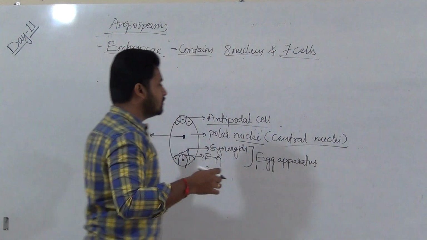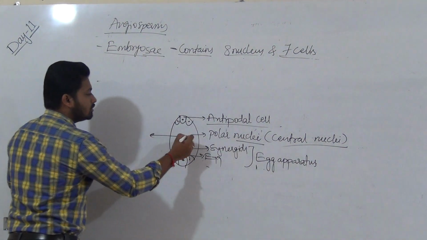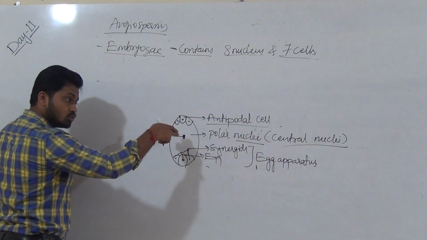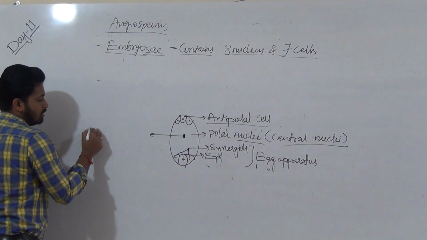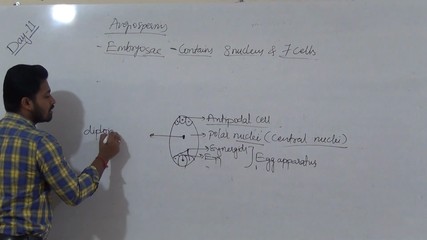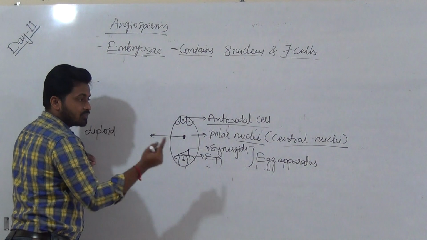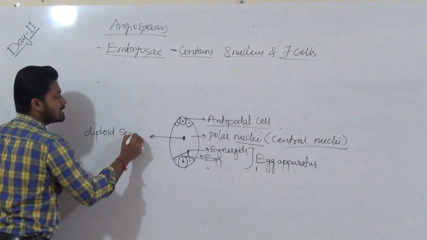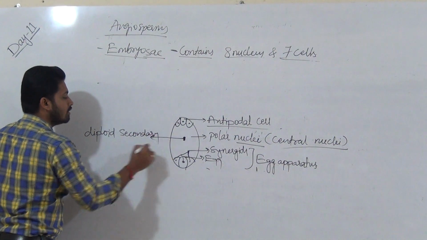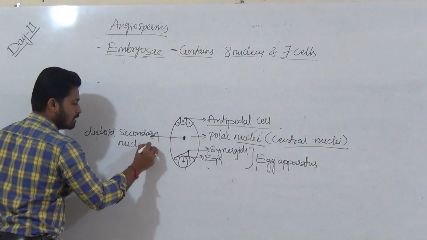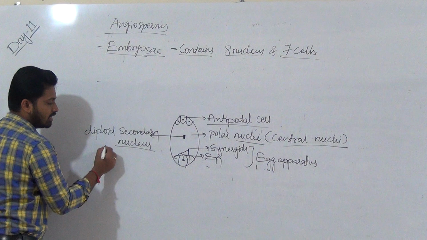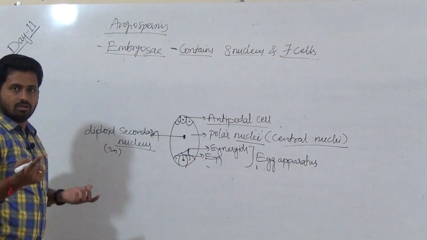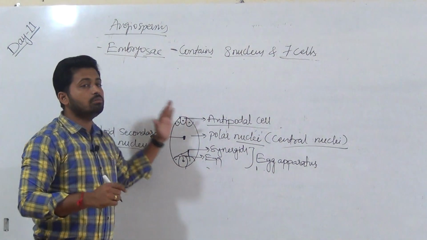Now these two polar nuclei fuse to form a diploid secondary nucleus, because 1n plus 1n gives 2n. Diploid means 2n. So this is about the female gametophyte.